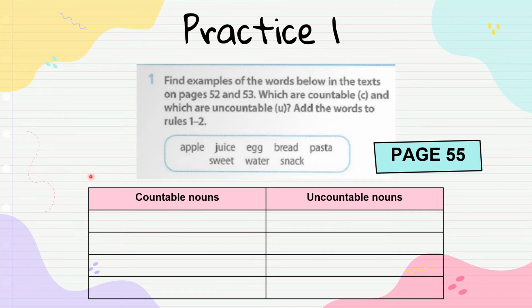You just have to categorize these words into 2 categories. The first one is countable and the next one is uncountable. Okay, you may pause the video to do the exercise by yourself, and then we are going to discuss the answers.